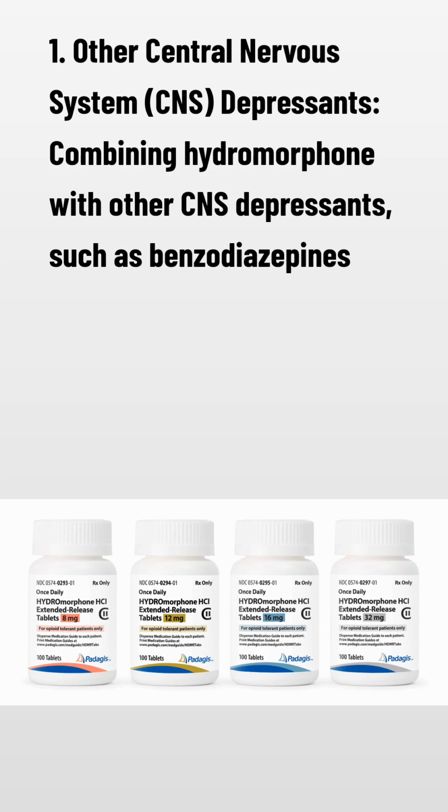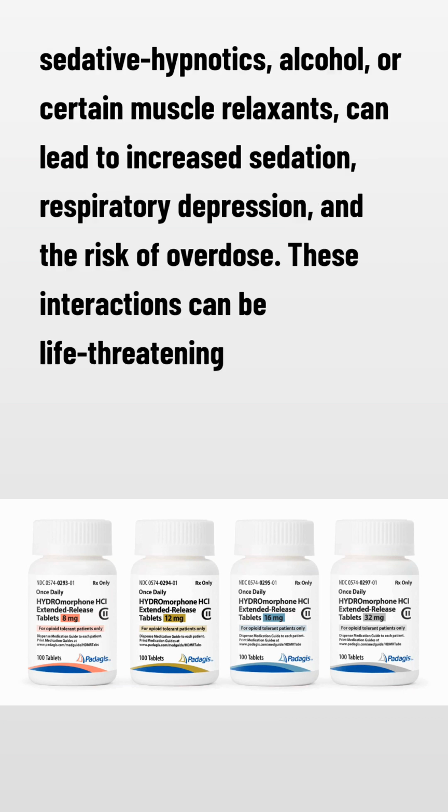Other central nervous system (CNS) depressants. Combining hydromorphone with other CNS depressants, such as benzodiazepines, sedative hypnotics, alcohol, or certain muscle relaxants, can lead to increased sedation, respiratory depression, and the risk of overdose. These interactions can be life-threatening. 2.